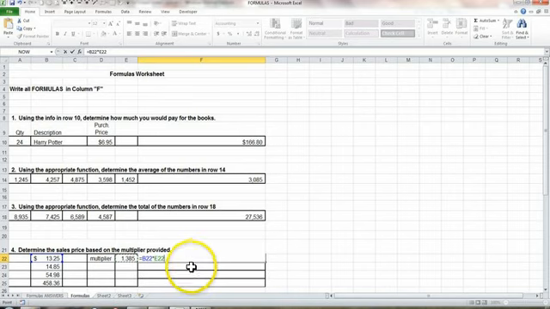Now to make that E22, that 1.385, a constant, what you do is go up to the function key F4. Once again, it's the function key F4. By tapping it once, what we end up with is now a dollar sign before the E and a dollar sign before the 22.